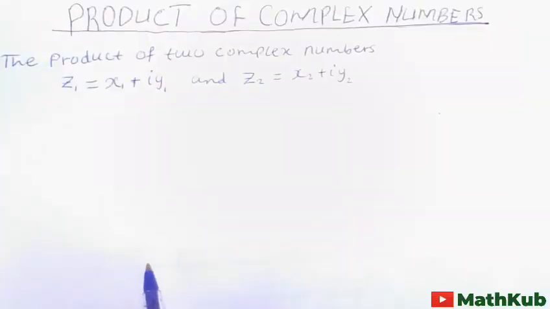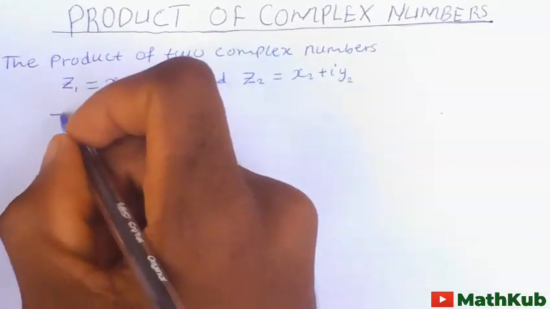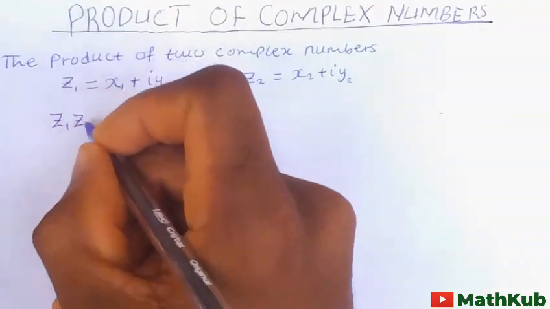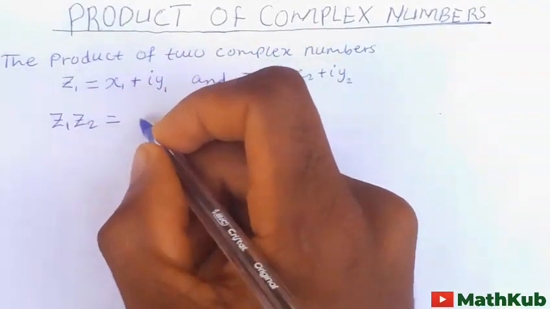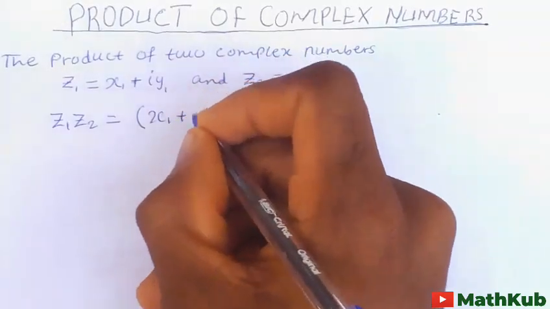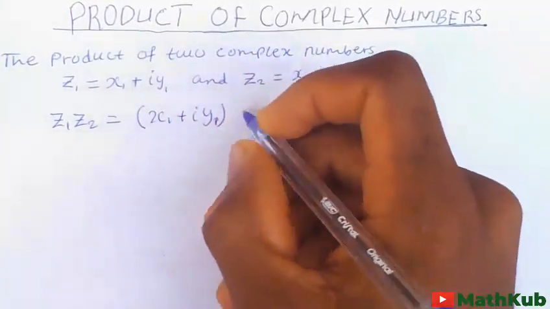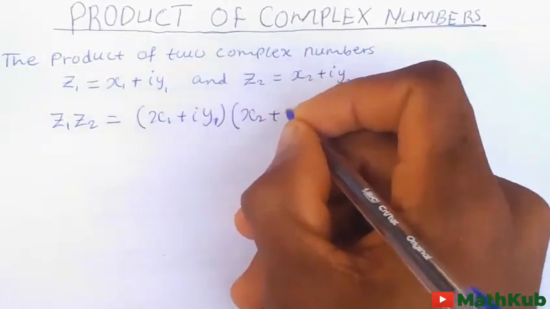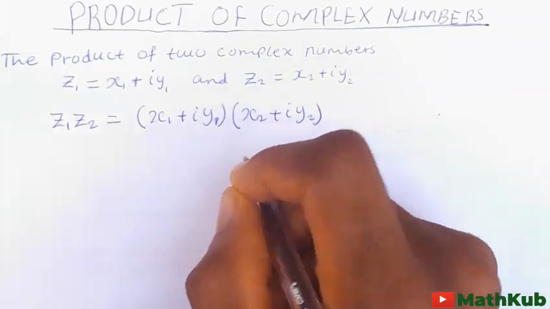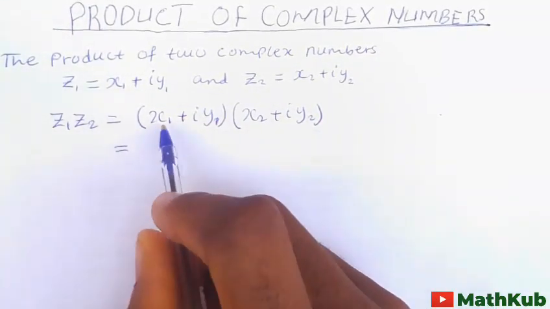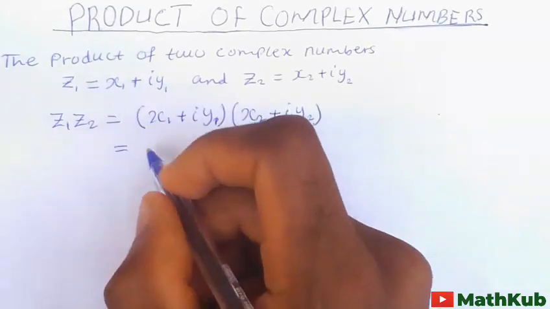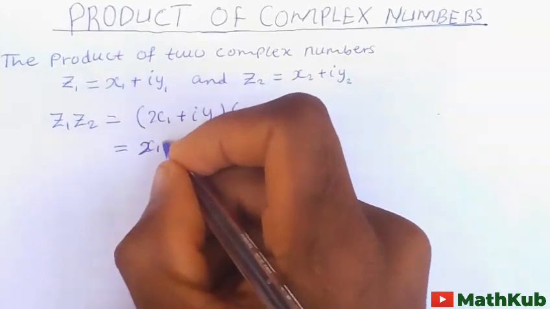The product of two complex numbers z1 equal to x1 plus iy1 and z2 equal to x2 plus iy2. z1 times z2 is equal to x1 plus iy1 times x2 plus iy2, which is equal to, we multiply x1 by x2, we have x1 x2.